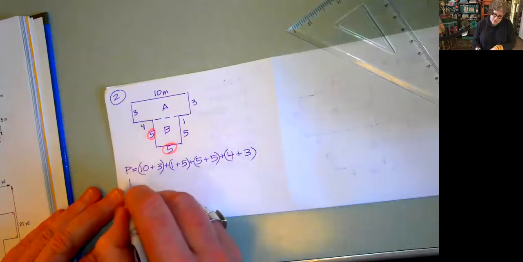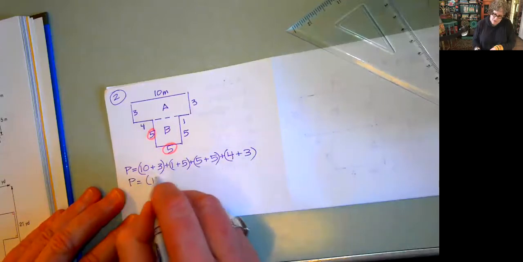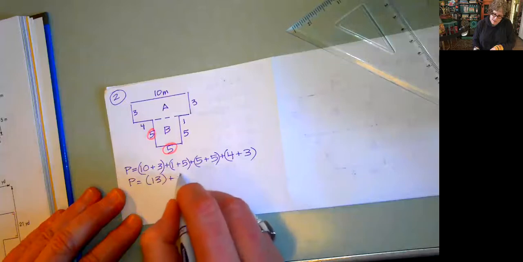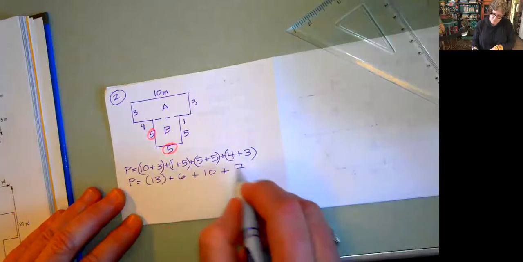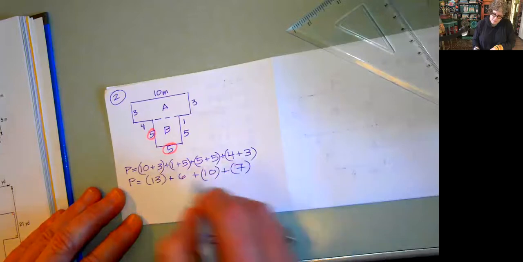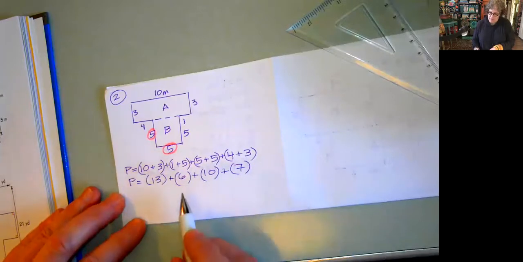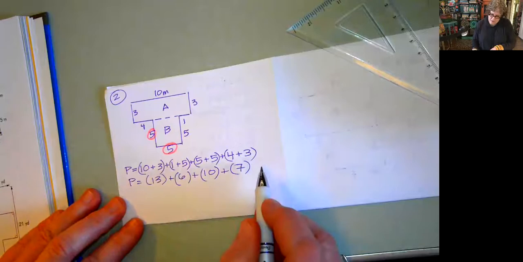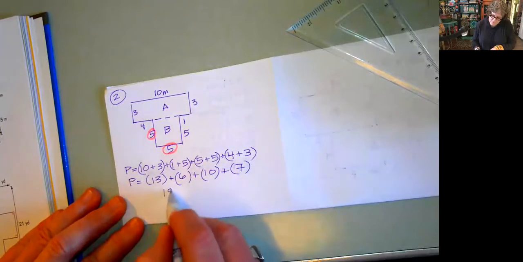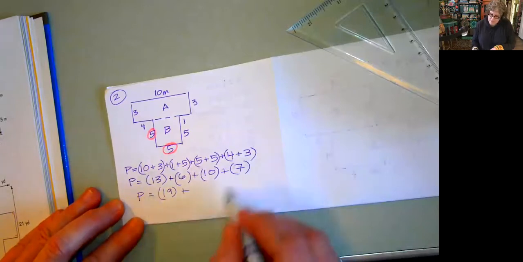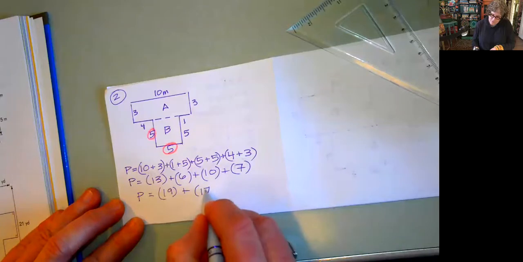So again, I'm just adding all the chunks. This is 13 plus 6 plus 10 plus 7. And this is going to be 13 plus 6 is 19. And 10 plus 7 is 17.